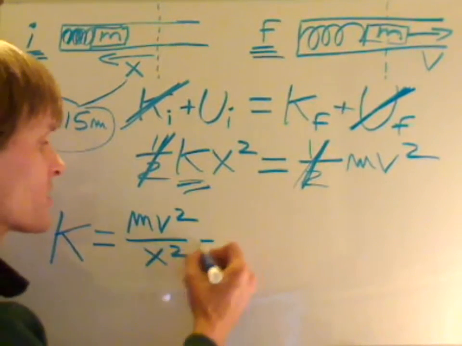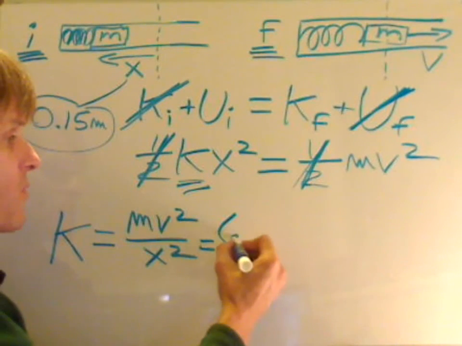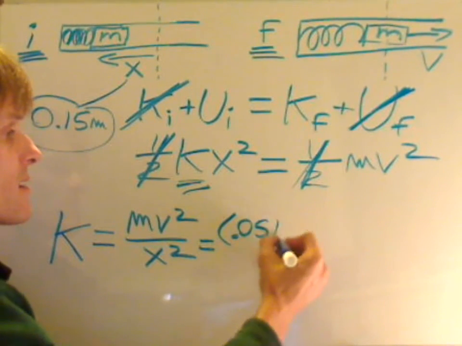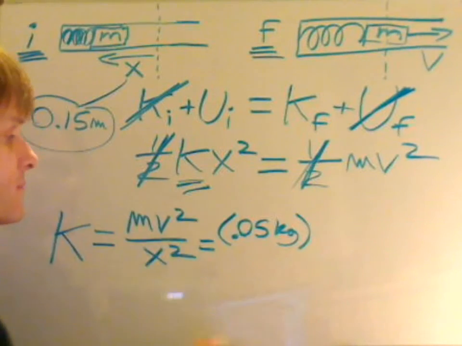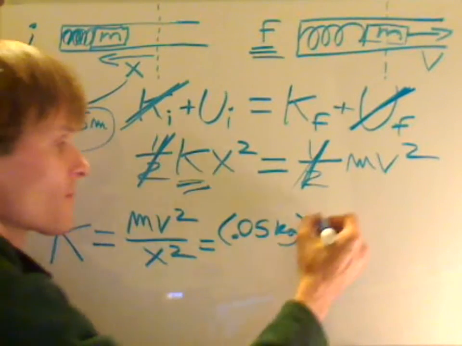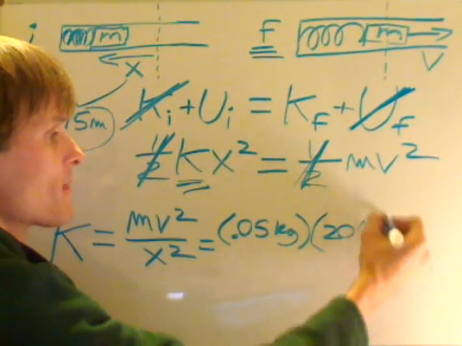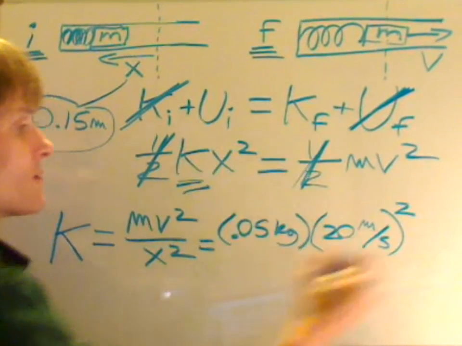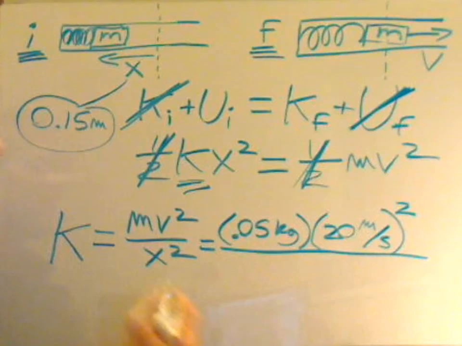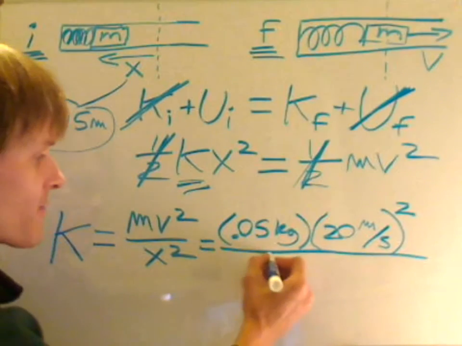Okay, so we plug these values in. The mass, again, is 0.05 kilograms. Velocity, 20 meters per second. And don't forget to square that. Divided by our compression, which is 0.15 meters.